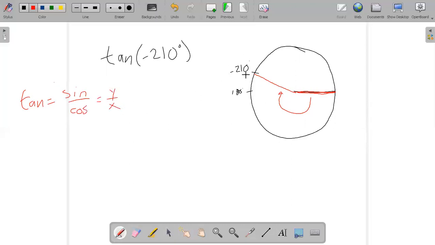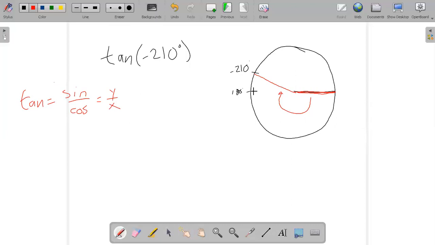So all I have to do is find where negative 210 is on my sheet. And I can use the x's and y's to figure out what the tangent actually is.